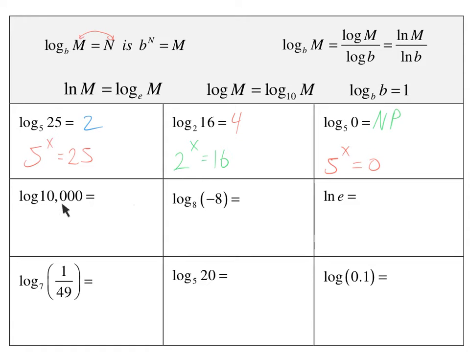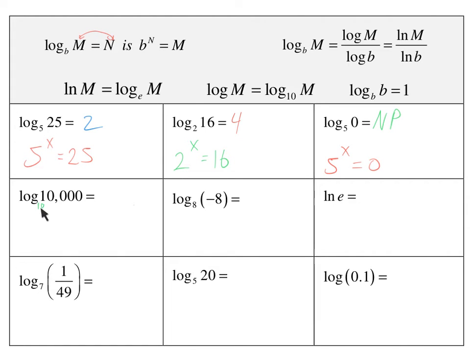Okay, next one. Now, we have to go to one of these formulas here to find this value. Because you notice the base is missing? So which one of these has no base? You can see it right here. When the base is missing, it's telling you that the base is 10.